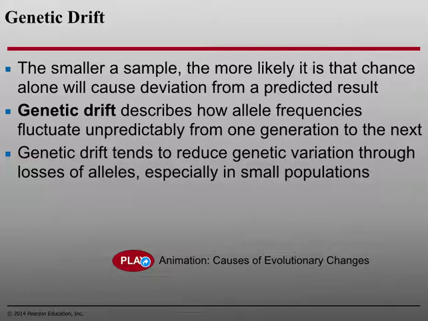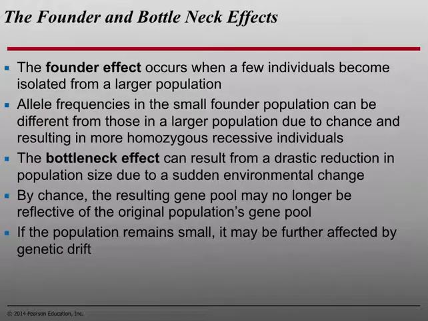Okay, so it'll evolve to either have more of something or have less of something. I'll show you a couple examples of these, but we're going to talk about two ways that this happens in nature. The founder's effect, which is when a few individuals become isolated from a larger population.